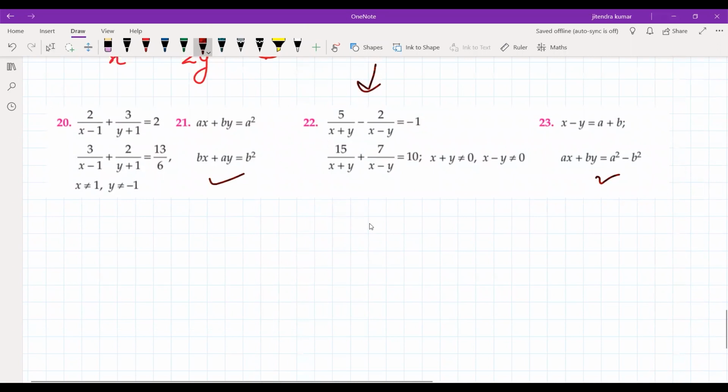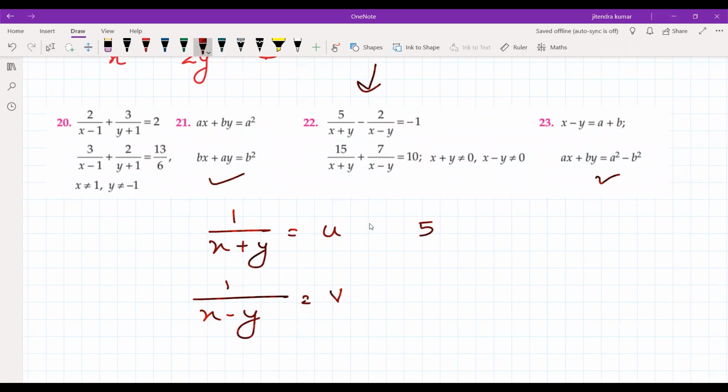So in this, we will have to consider, in the same way, 1 by x plus y is equal to u, and 1 by x minus y is equal to v. So now we will have two equations: 5u minus 2v plus 1 is equal to 0, and 15u plus 7v minus 10 is equal to 0.